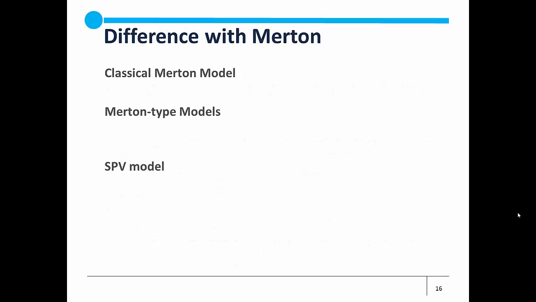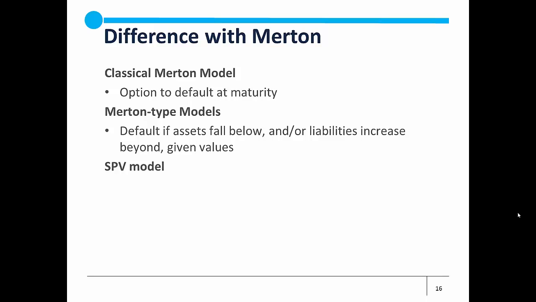So how does that compare to other structural models? Well, in a classical Merton model, the equity holder has the option to default once at maturity. Then we have a whole class of these Merton type models, which are basically barrier models. Their default happens if assets fall below some value or liabilities increase beyond some value.